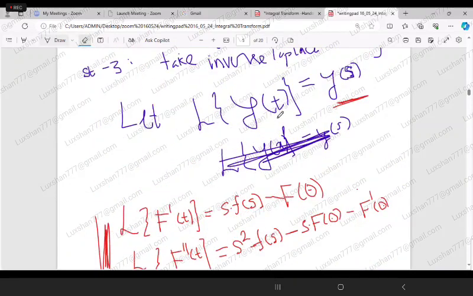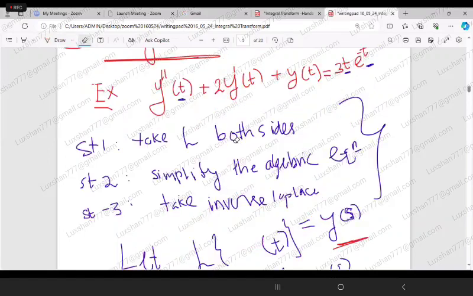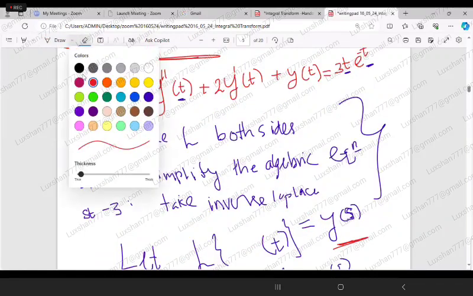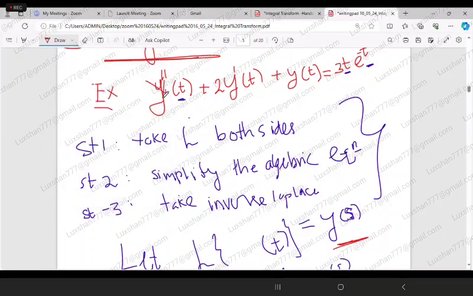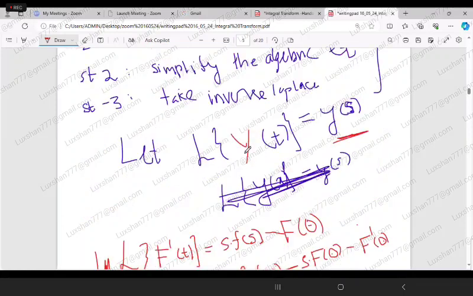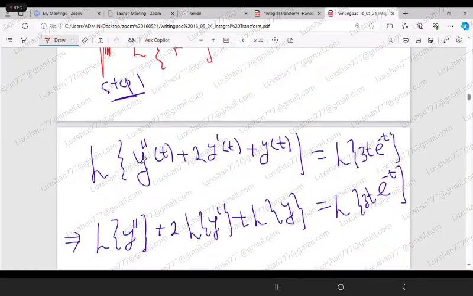Let me put it as capital Y. So the Laplace transform of capital Y is equal to simply Y(s). Therefore, here is my capital Y. I'm sorry for that.